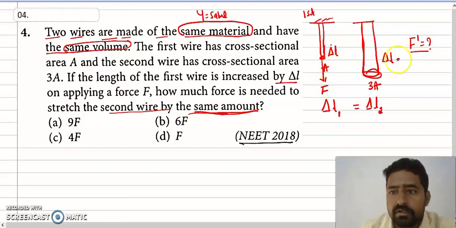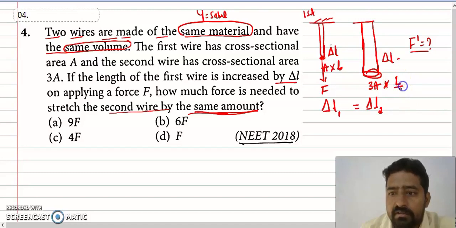This is area of cross section A, so you have to take the length L, ವಾಲ್ಯೂಮ್ ಸೇಮ್ ಬರಬೇಕು.